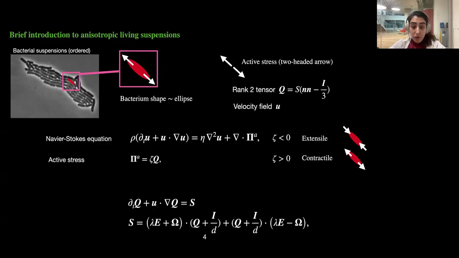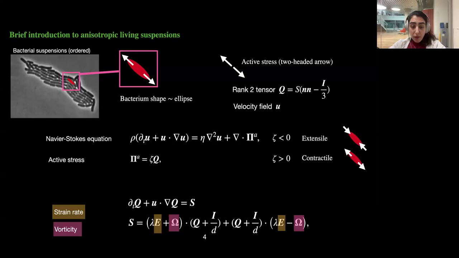And the way this tensor changes is due to the active flows that I've shown by S here. So the different parts of the flow lead to deformation and reorientation of these systems. For example, the gradient of the flow field, which is the strain rate, leads to rotation, because the units don't have a spherical shape, they have an elongated shape, and the strain rate can align them.